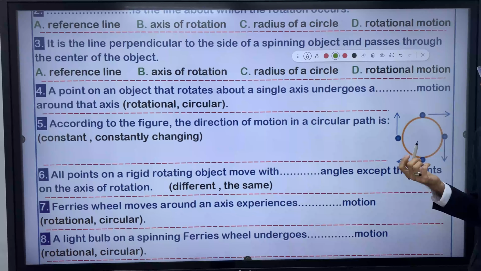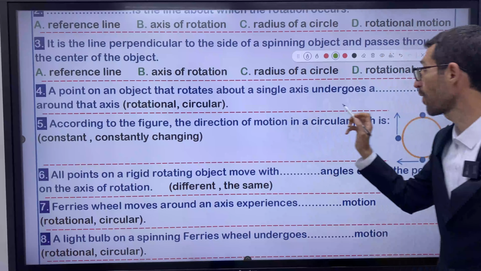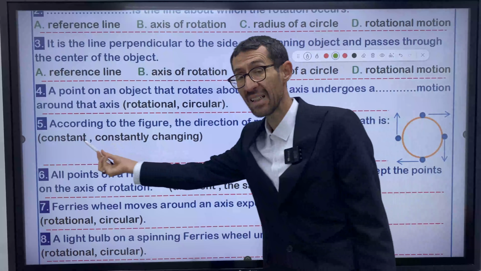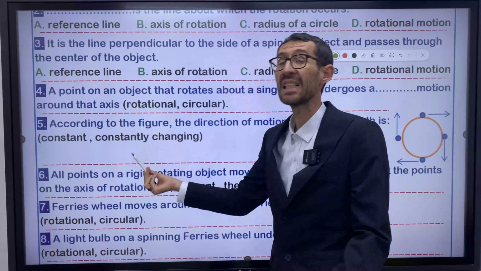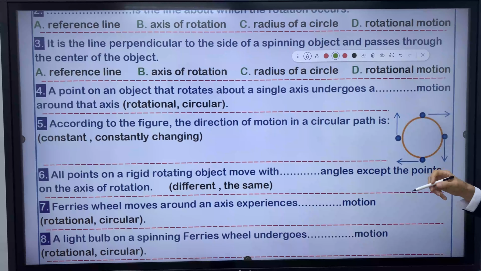So what does the question say? According to the figure, is the direction of motion in a circular path constant or constantly changing? Look here. Determine the direction of the object here: upward, right? After a time interval, the object reaches here. Determine the direction of the object here: to the right. So it changes direction. After another time interval, it reaches here and changes its position.